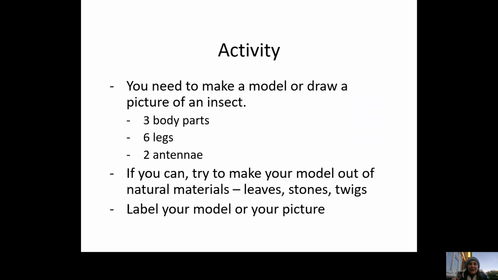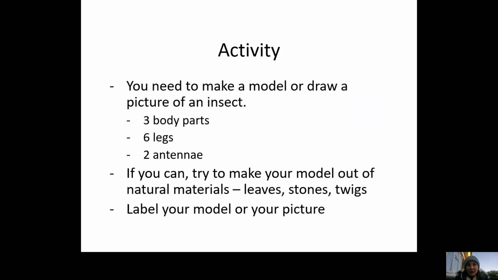And it needs to have 2 antennae. If you can, with your adult, you could try and go outside and make your model out of natural materials like leaves or stones or twigs. Now remember, when we're making models out of natural materials, we never want to pick anything that is alive, only things that we find on the ground, and make sure that you ask your adult before you touch anything.